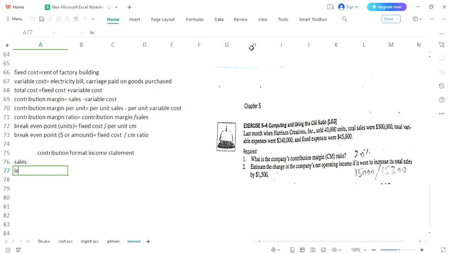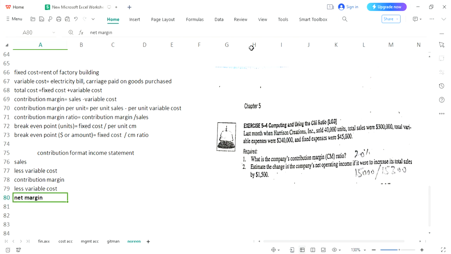We subtract our variable cost, with which we get our contribution margin, and then again you subtract your fixed cost, with which you calculate your net margin.